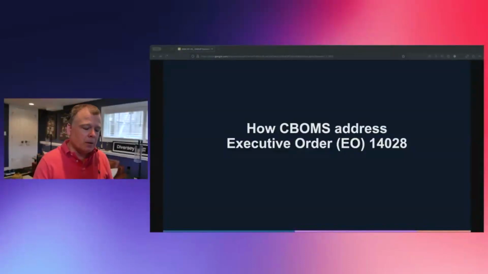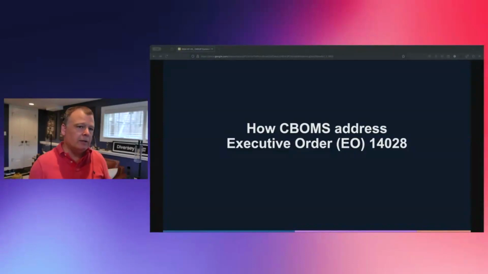For example, with SSDF, right? If you want to purchase, or if you want to sell to the US government, there is an attestation form from CISA. And it requires the majority of SSDF, which is NIST 800-218.